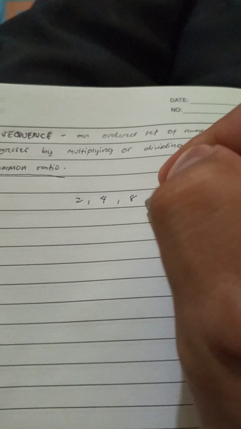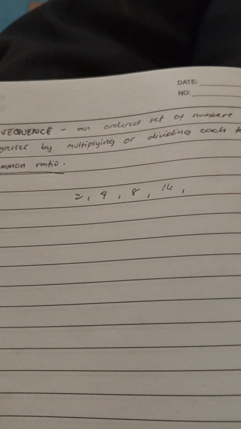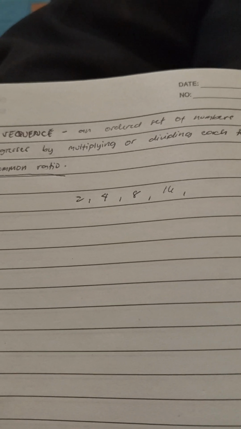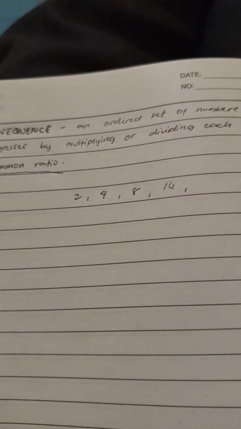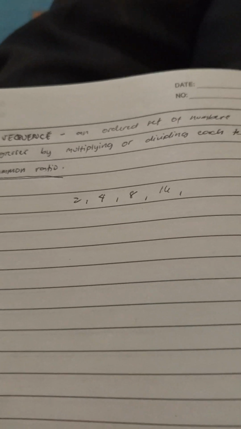I'll give you an example of a geometric sequence. Let's say, for example, 2, 4, 8, 16, and 32.